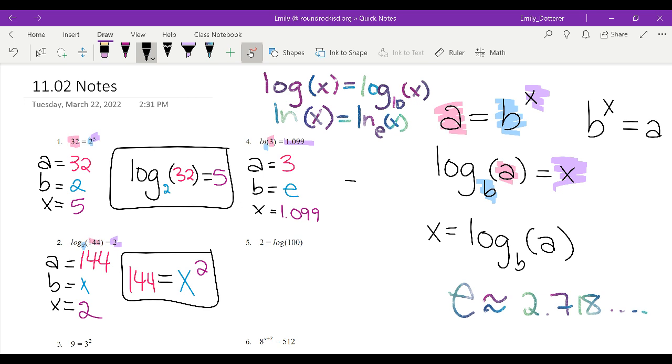We're going to turn this into an exponential. We have a equals b to the x.